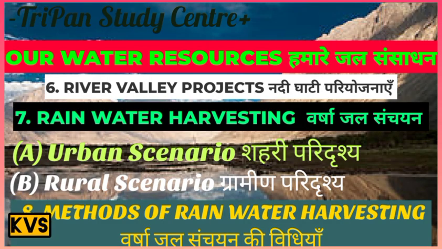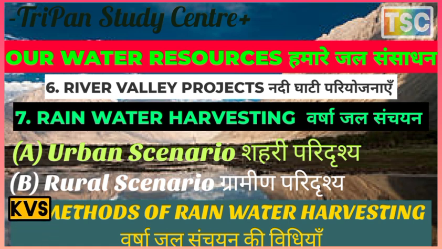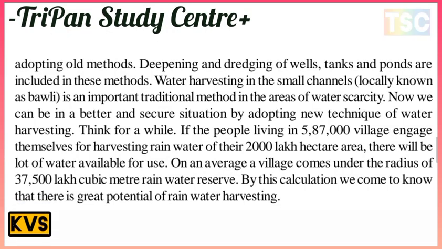Next, the rural scenario. Traditional water harvesting is very old in India, but the utility of water harvesting has never been felt as much as it is today. Even today, people living in areas of water scarcity try to do their domestic work by adopting old methods. Digging and deepening of wells, tanks, and ponds are included in these methods.